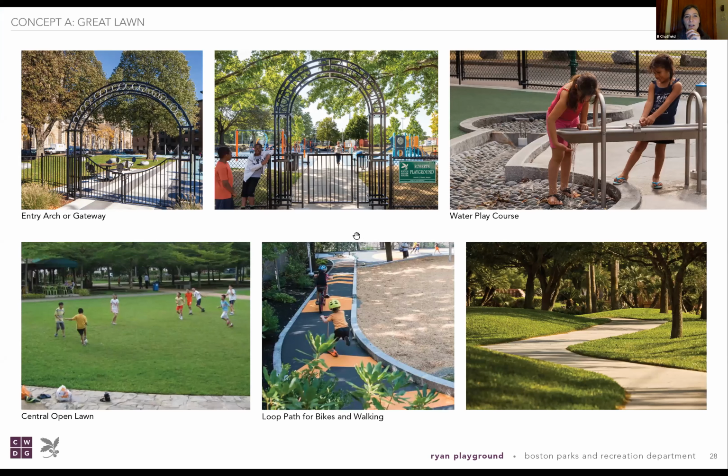So providing more of a gateway, and Christine is showing two examples here, something a little smaller and more appropriate to the scale of the park, gives you a sense of entrance. We would also include one of those green signs as well, but slightly smaller.